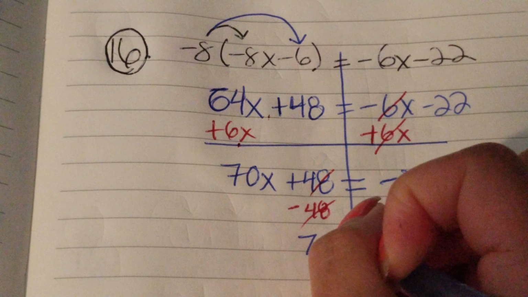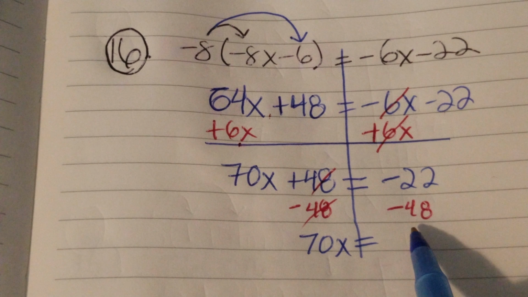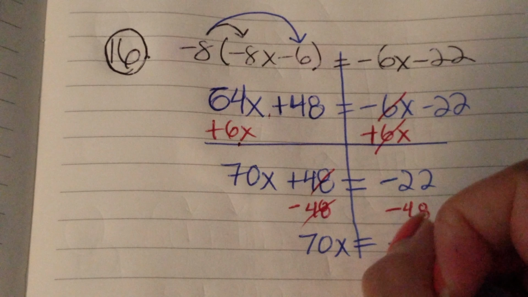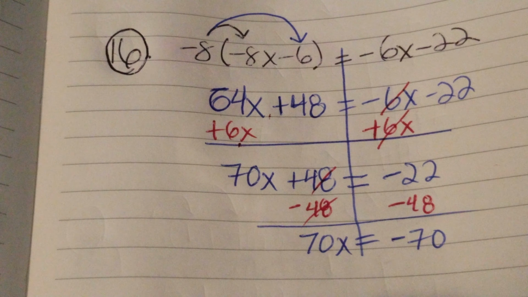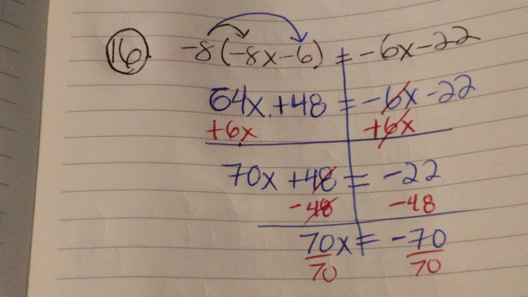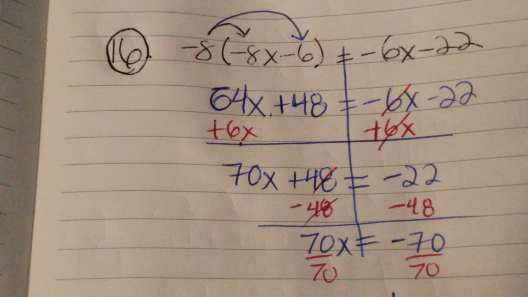So 70x equals negative 22 minus 48, that is negative 70. And we will get x equals negative 1, because 70 divided by 70 is a whole number, negative, right?